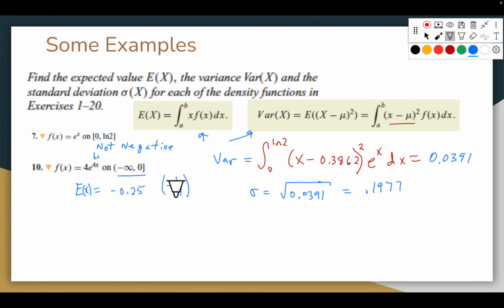For the variance, the other way to get it is to take x minus the mean, which is negative 0.25, so it's x plus 0.25, times the function e to the 4x dx. Again, the same boundaries, negative infinity to 0. That will give us the variance, and then we'll take the square root of that.